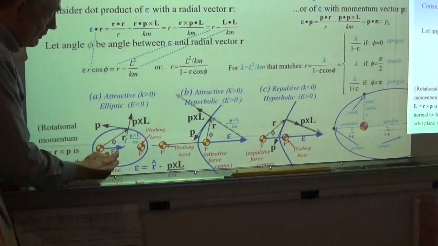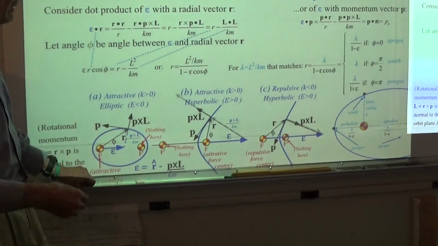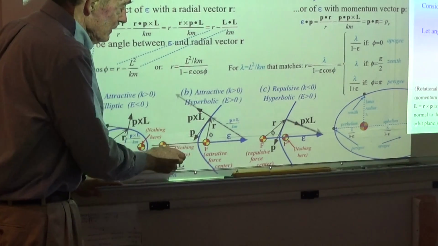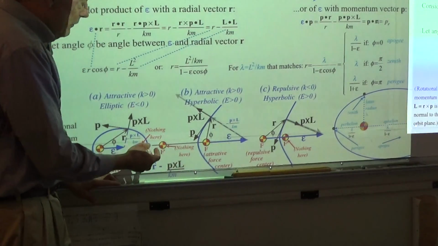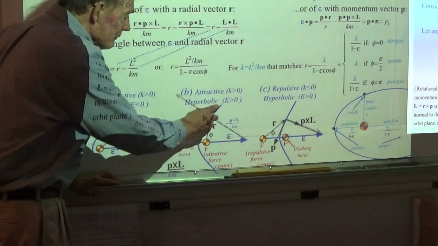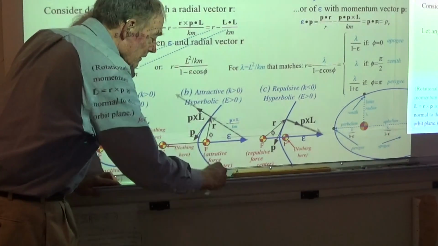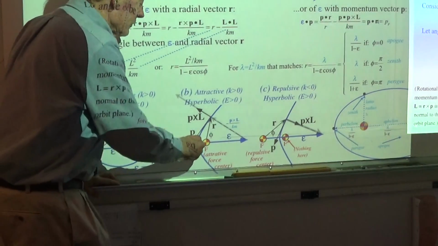And if it's a circle, that shrinks to 0, and we're back to doing sophomore physics. But for all of the rest of the cases, including this one, this is quite neat. If I crank the energy up, then this attractive orbit is attracted by that force, but it's got so much speed that it gets straightened out. And in fact, if you make it really fast, it's just a straight line.